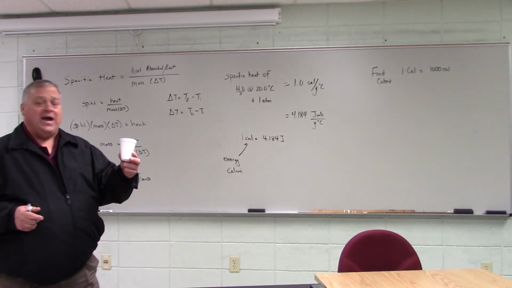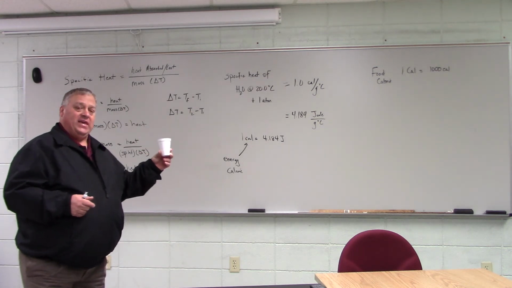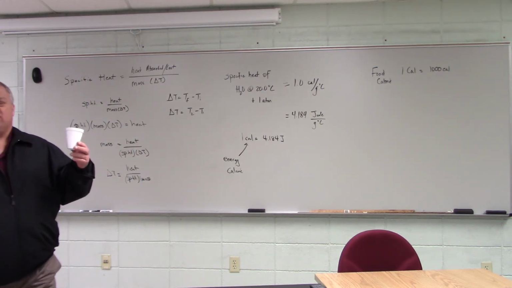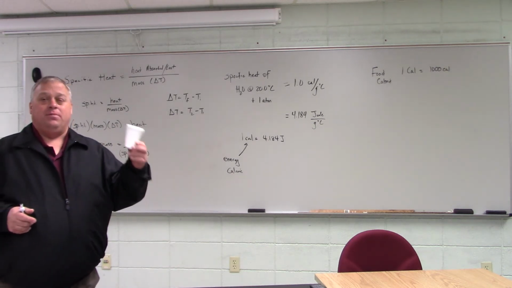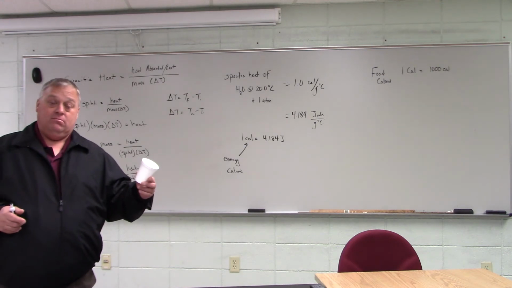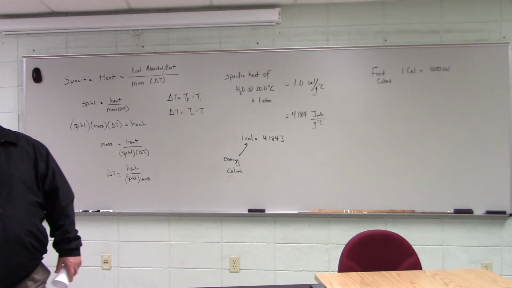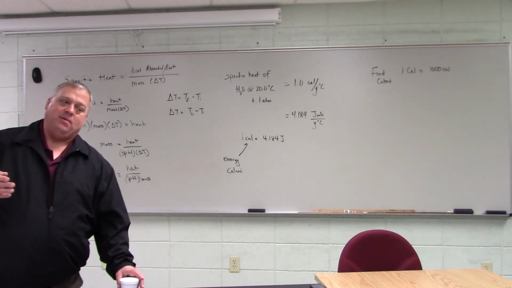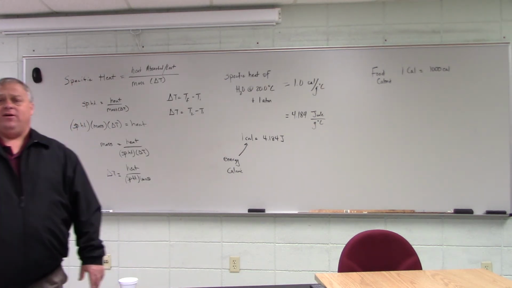Why? Styrofoam has a specific heat of about 20 to 30, depending on the type of styrofoam, calories per gram. Whereas if I had a metal coffee cup, I would have a heat capacity less than 1 calorie per gram.